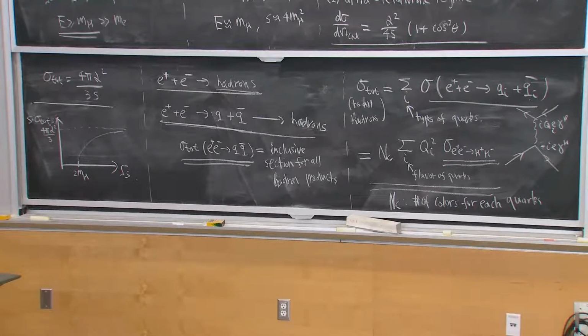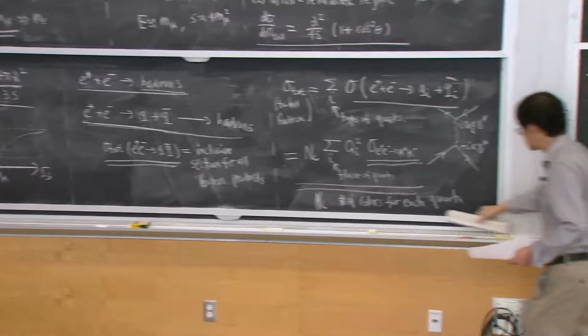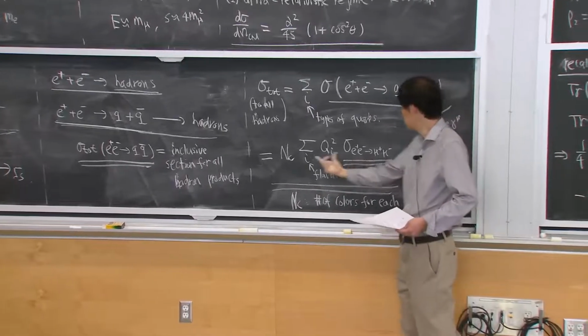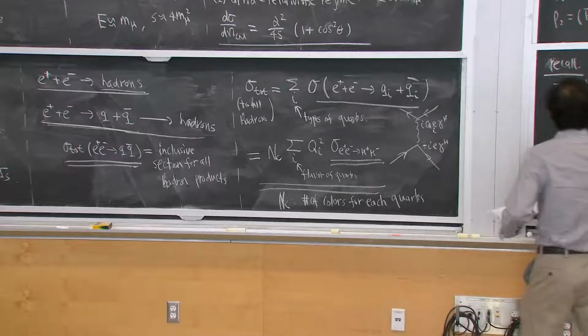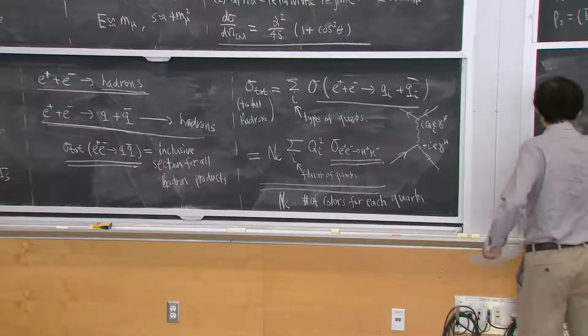So now we can define a ratio. This is the same for everybody, so this just factorizes, and we can define a quantity called R.